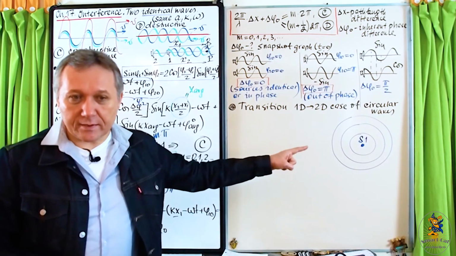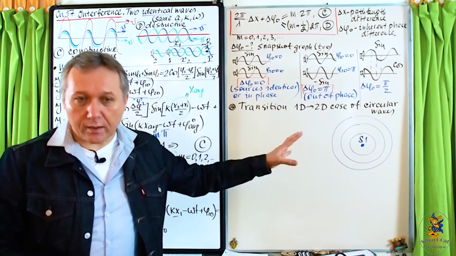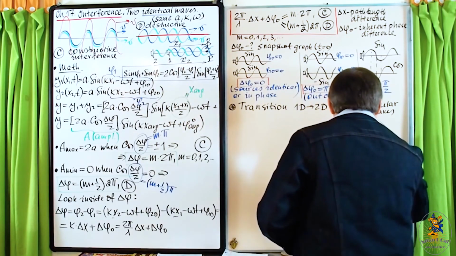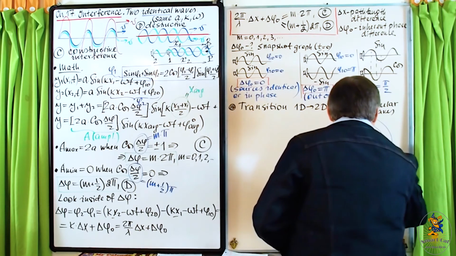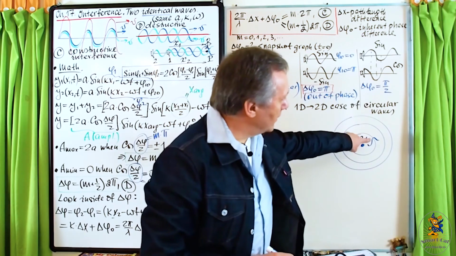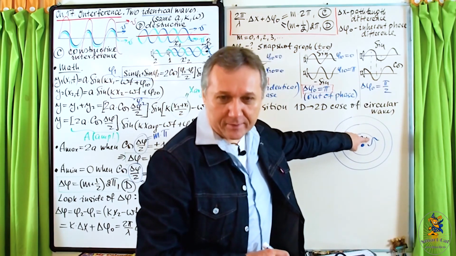And as I said, these lines are a collection of crests. So basically it means that if I start drawing, you see, crest on the line.